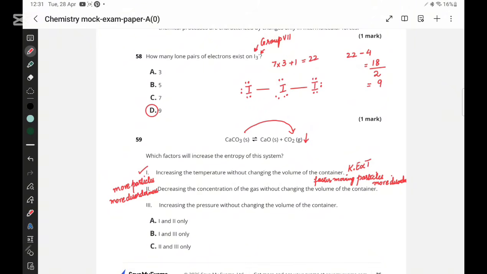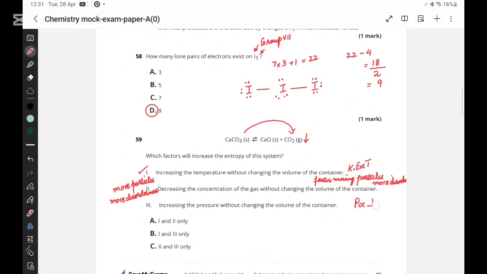And for the third option, increasing the pressure without changing the volume of the container. By increasing the pressure, there will be a decrease in the volume, and the equilibrium will shift towards the fewer number of molecules. That would make us shift towards the left hand side.